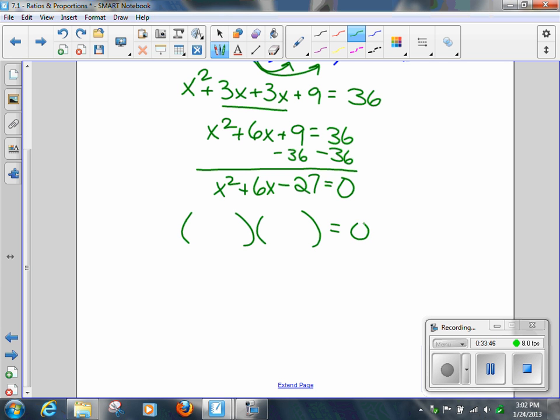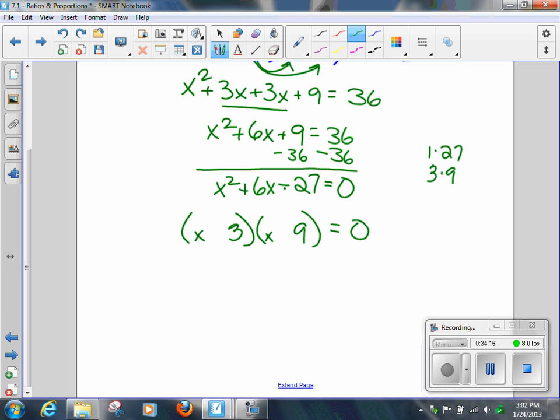Now listen to the way I say this. What times what's x squared? X and x. This is what I want you to pay attention to. I need 2 factors of 27 that when I subtract give me 6. Well, what are all the factors of 27? 1 and 27, 3 and 9. Which pair can I subtract to give me 6? 3 and 9.